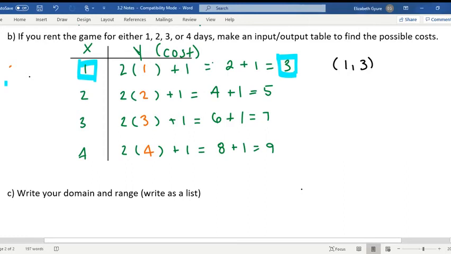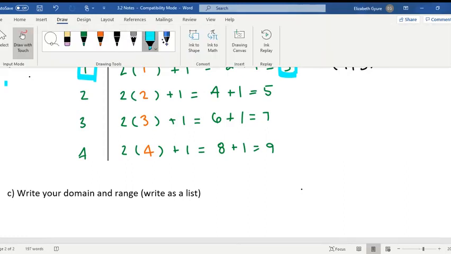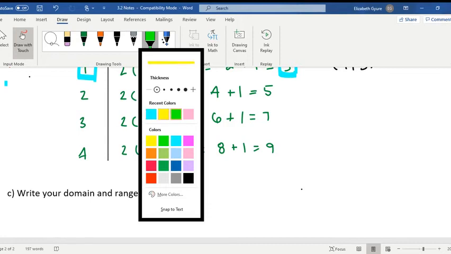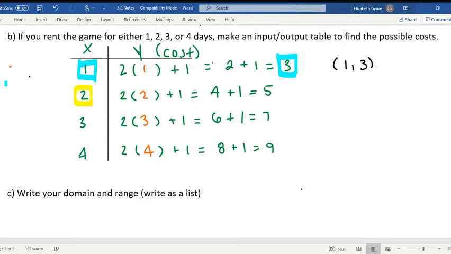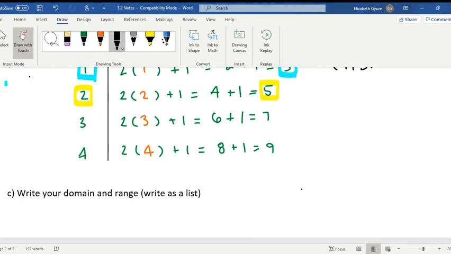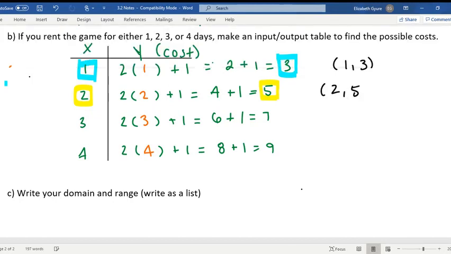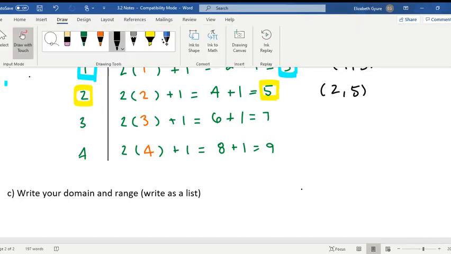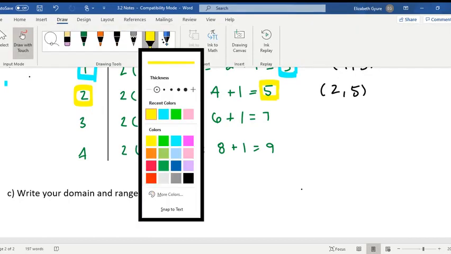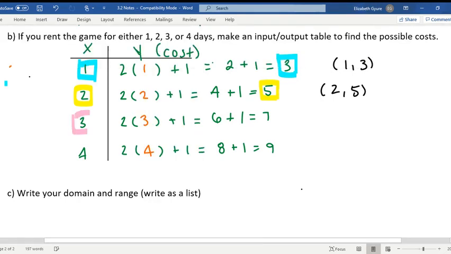Okay. Then for this next one, we have 2 with 5. How would I write that as a coordinate point? 2, 5. Then x was 3 and y was 7.